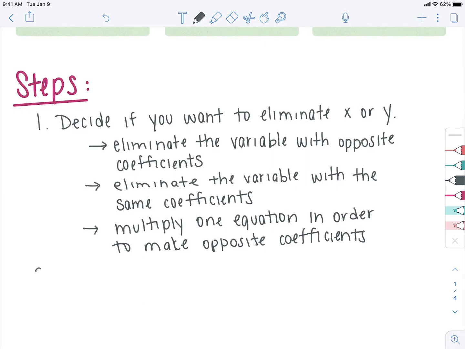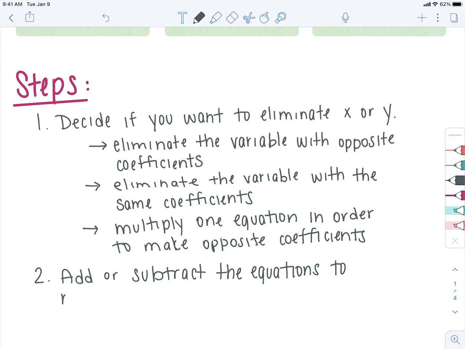So next, add or subtract the equations to make one equation.